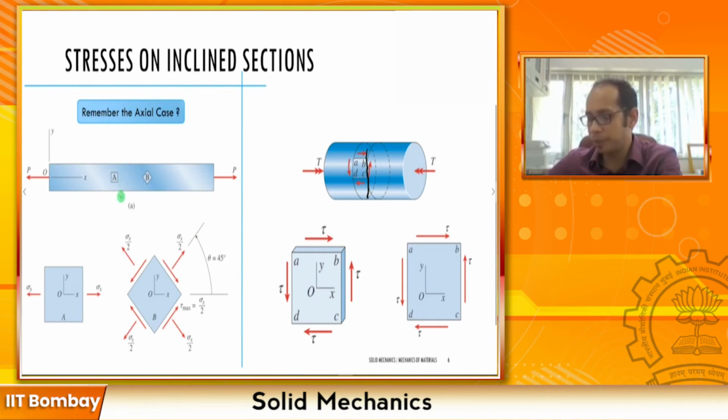Here, when we took a perpendicular element in the axial case, it was just the sigma x because of the load P. Here, because of the applied torque, all these rectangular elements on the surface of my member are in a case of pure shear. If I take any element whose face is perpendicular to the longitudinal axis, I am going to get this tau over here. This is the 3D diagram, with a small chunk, and this is the 2D view.